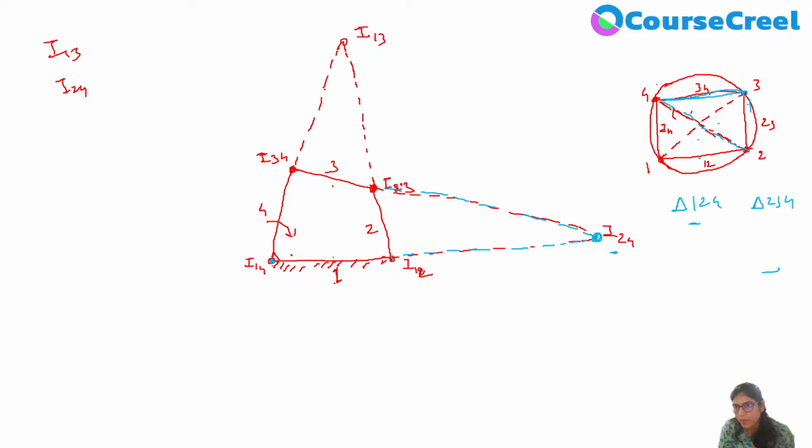See, 2 4 is common, so 1 4 and 1 2 we take on one side and extend, and 4 3 and 2 3 we take and extend. Wherever it is intersecting, I24 will be there.